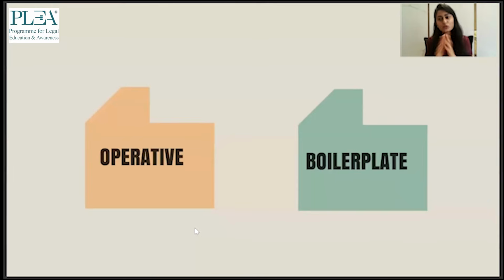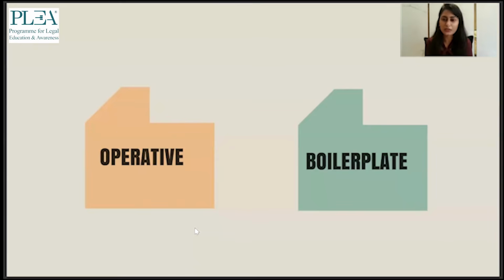Clauses again are of two types. As I said, the agreement should follow chronological order. Once we did the preamble, then we did the recitals, which include the narrative recitals and the introductory recitals. Then comes the part of clauses. So here the clauses again will be operative clauses and boilerplate clauses. Operative clauses should include operative words, such as the seller has got clear and marketable title, sufficiently entitled to sell the flat legally to the buyer.